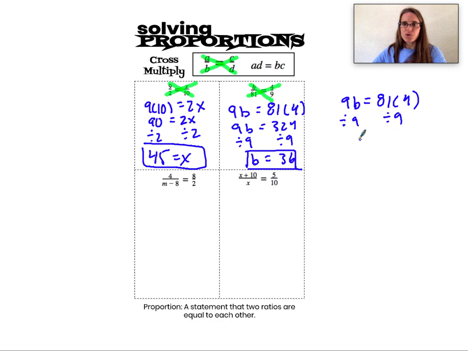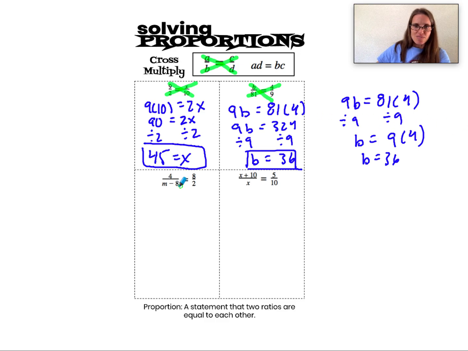This isn't what's on your notes page, but this is a great strategy to keep in mind. So 9b divided by 9 is b. 81 divided by 9 is 9. So there you go. There's an easier way to find my solution, b equals 36. If you see a common factor of the left and the right-hand side, you can simplify your computation by dividing by that factor.